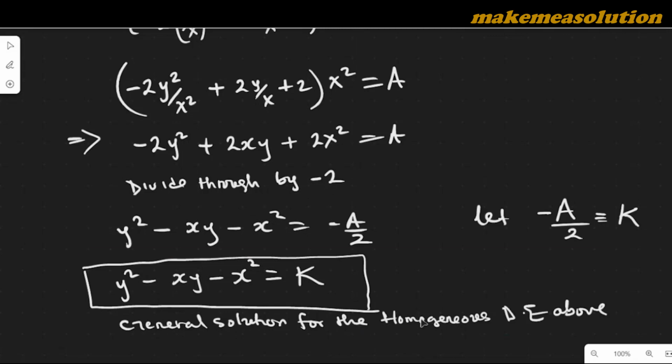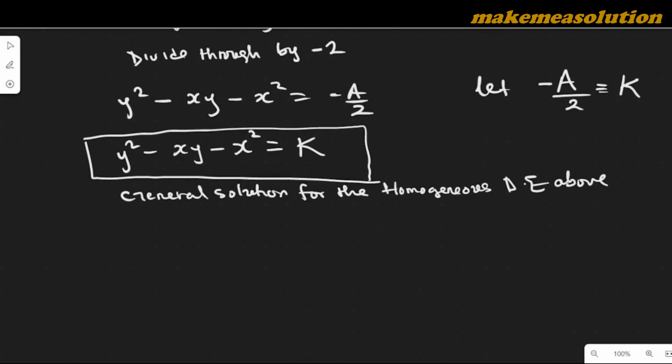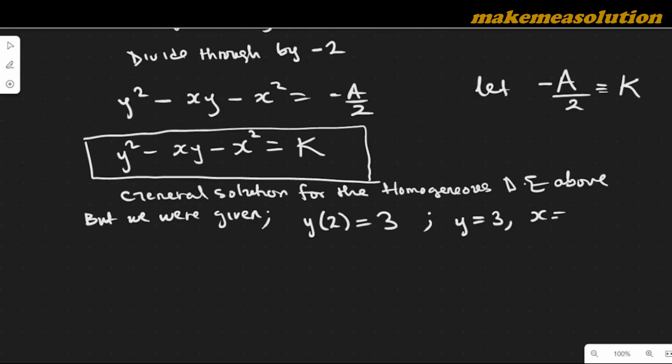Okay, but we're given initial conditions, and y of 2 is equal to 3. So y of 2 equal to 3 means that y is equal to 3 when x is equal to 2.